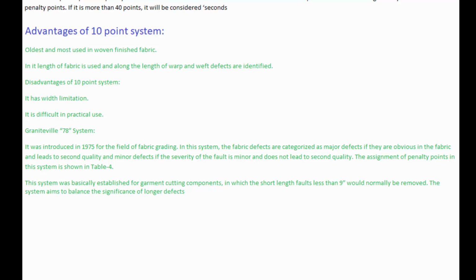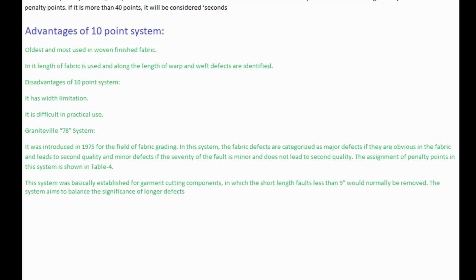In this system, the fabric defects are categorized as major defects if they are obvious in the fabric and lead to second quality, and minor defects if the severity of the fault is minor and does not lead to second quality. The assignment of penalty points in this system is shown in Table 4.